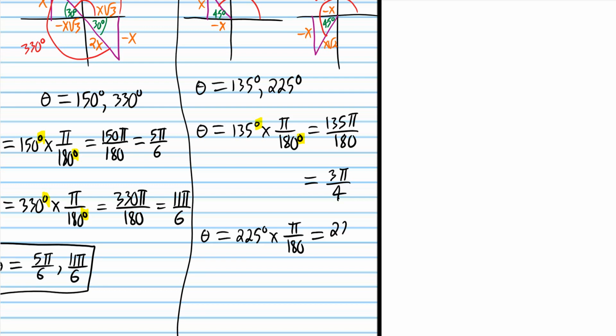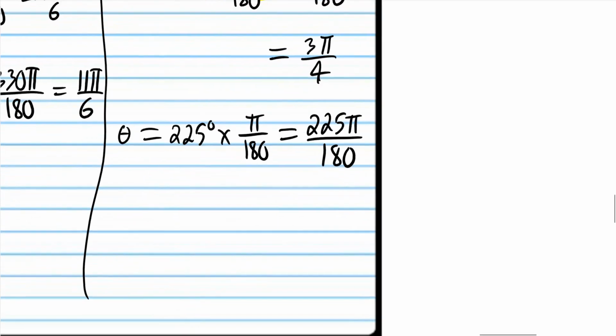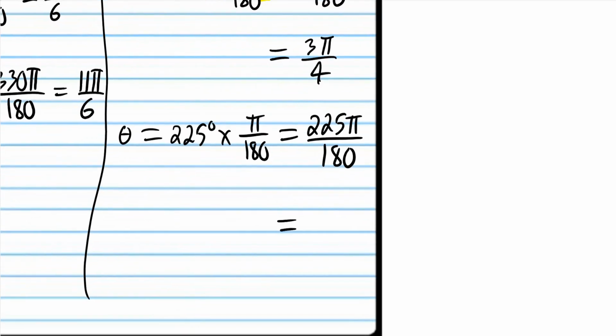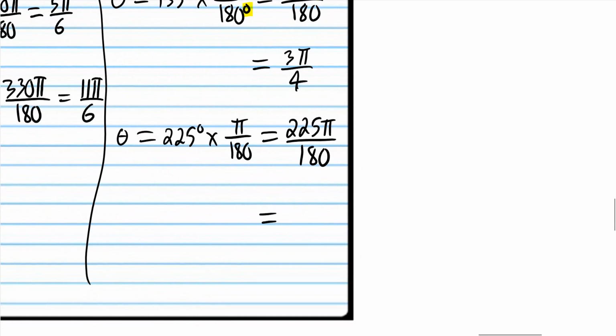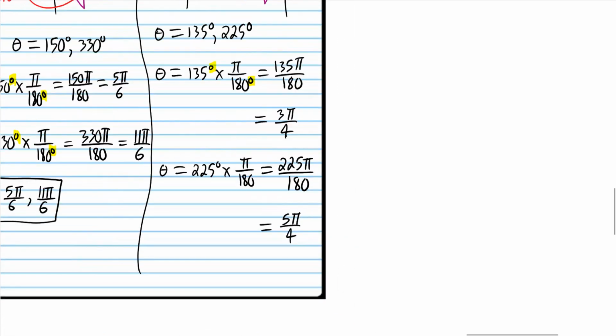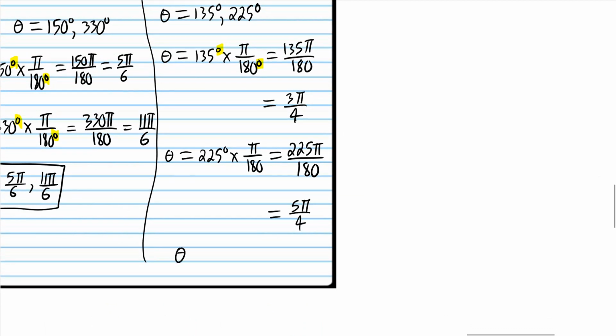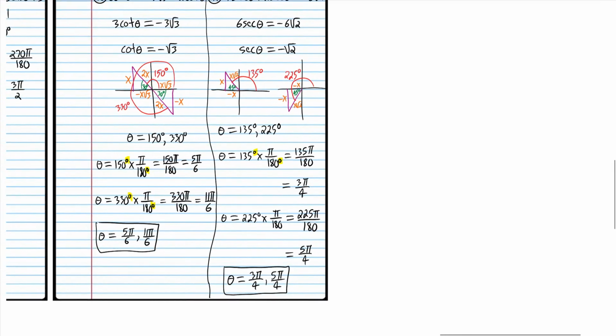And we get 225 pi over 180. And so that's going to be 5 pi over 4. So the final solutions are 3 pi over 4 and 5 pi over 4. So if you got that right, perfect.